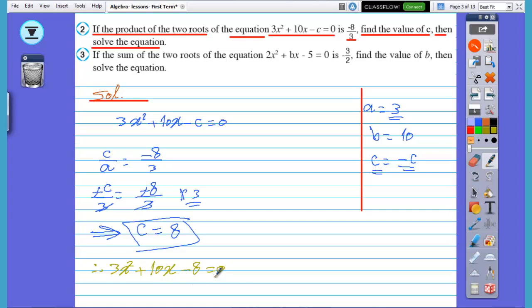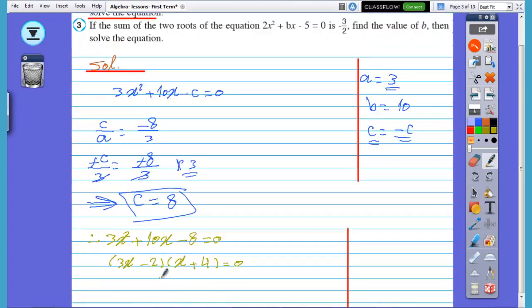What is the meaning of solving the equation? Solving the equation is to find the two roots. Here we will factorize the left hand side like this. We have 3x squared, it is 3x multiply x, and the negative 8 equals negative 2 multiply positive 4.